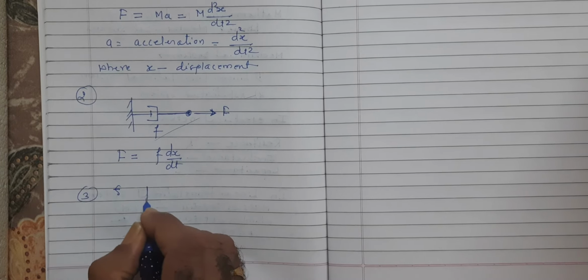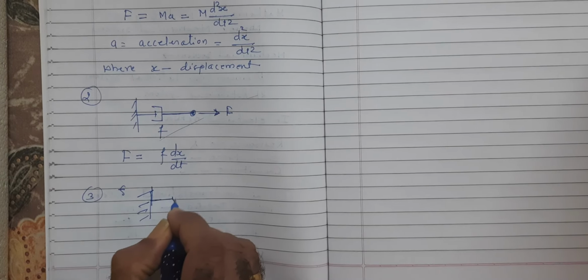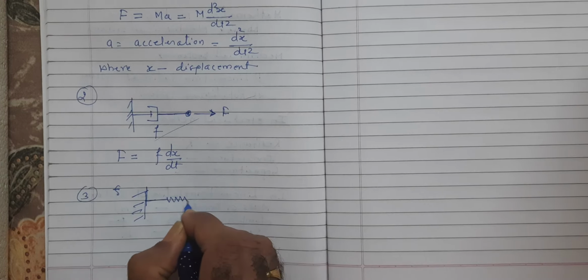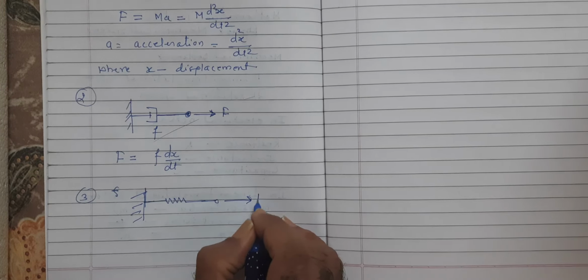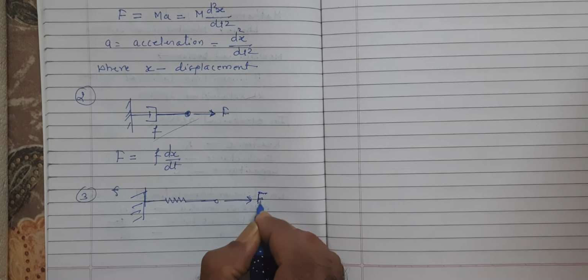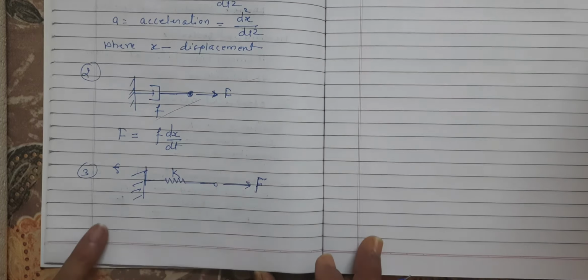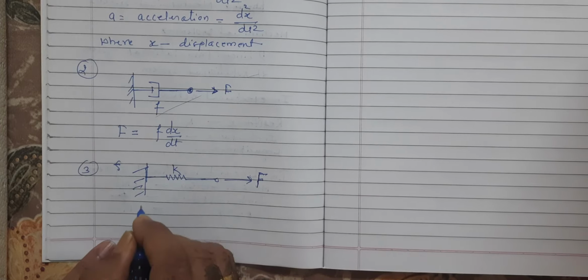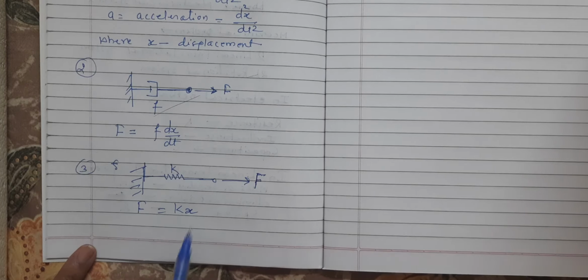And the third one is the spring. Again, suppose the force F is applied to the spring, then the force applied on the spring is given by the equation F equals K into x.